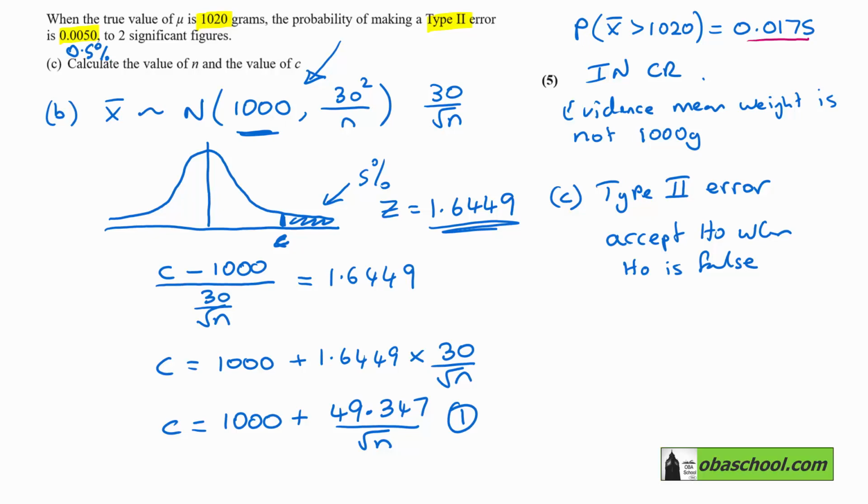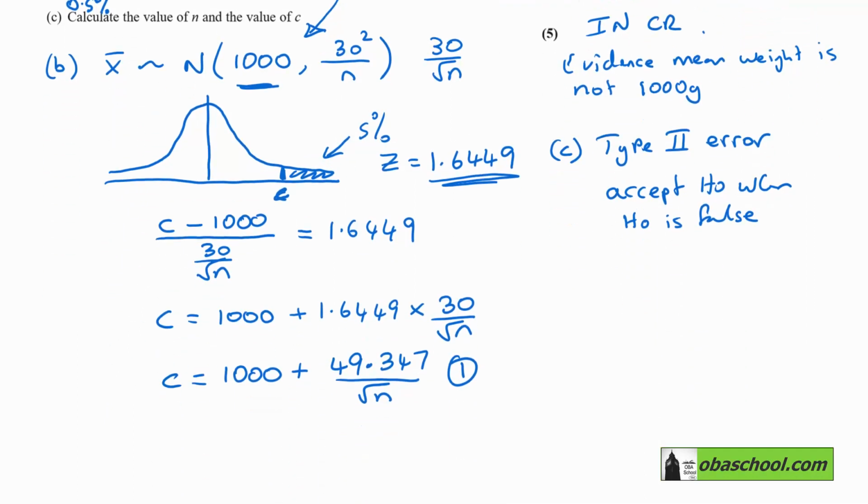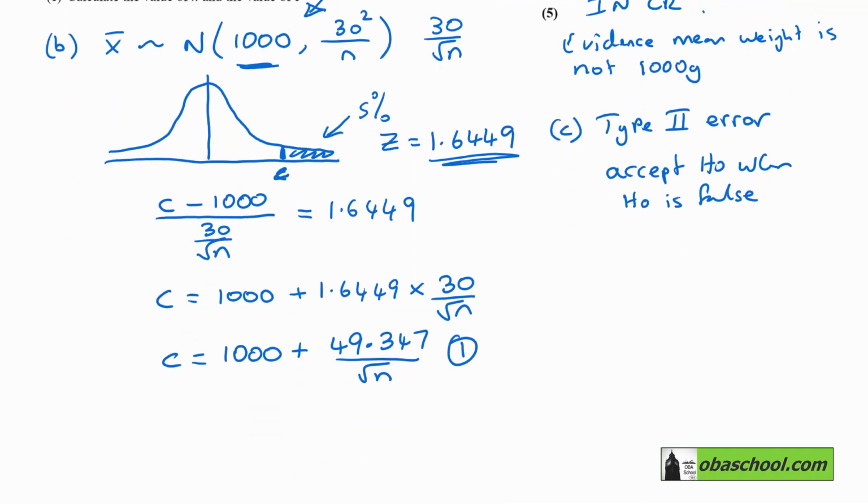Now we're still working on the idea that mu is 1000. So if we think about two normals like this, this one here has its mean at 1000, and that's what we're using.